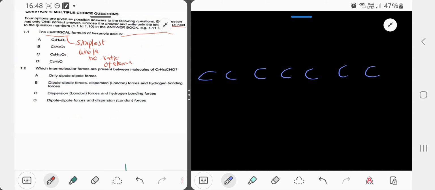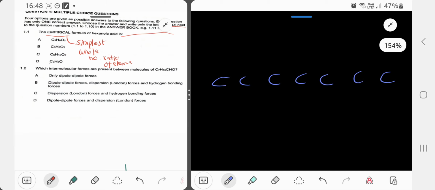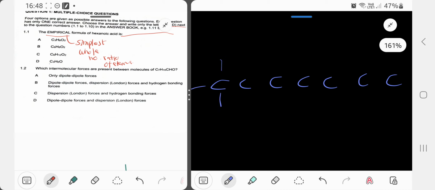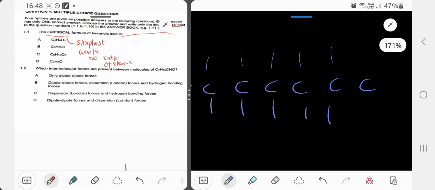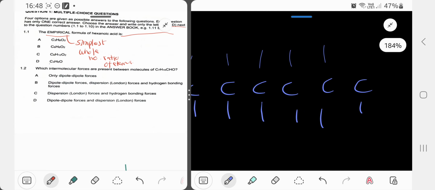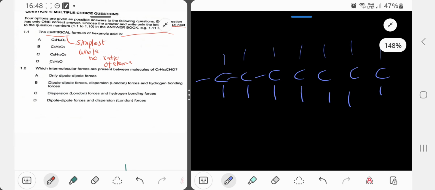Let's fill in the hydrogens where we can: 1, 2, 3 hydrogens, 4, 5, 6, 7, 8, 9, 10, 11, 12, 13, 14, 15. We have to stop there. Let's join the carbons first. So we have 15 hydrogens that we put outside.